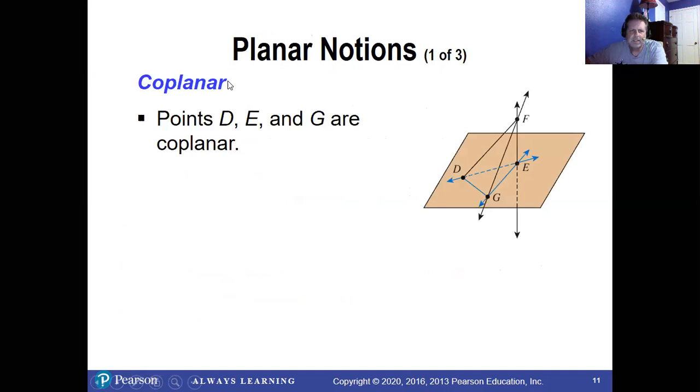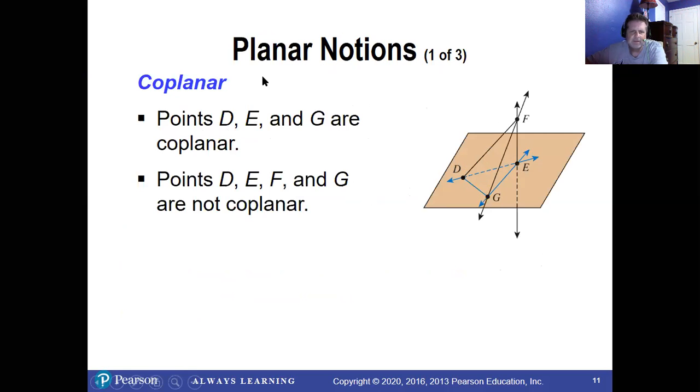All right, planes and coplanar. We talk about a plane. It takes three points to make a plane. Points D, E, and G are coplanar. D, E, and G are on the same plane. To show coplanar, you actually have to have four points.